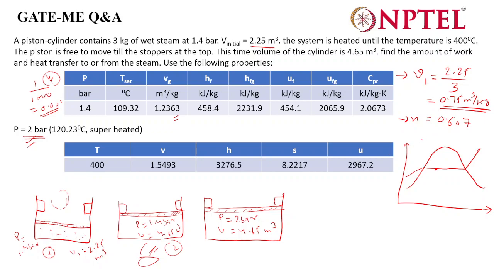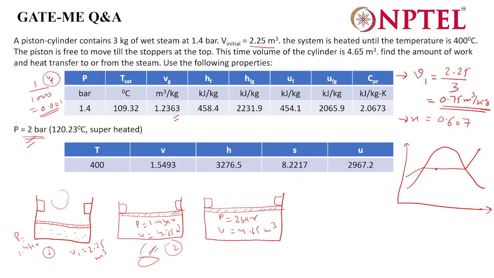So now we can easily find the enthalpy, right? Because all properties we can find at point 1. Whatever we need, we will see later. First we try to figure out what the processes involved here are. So from here at constant pressure it is reaching till this.